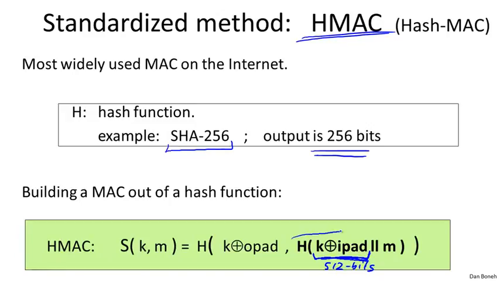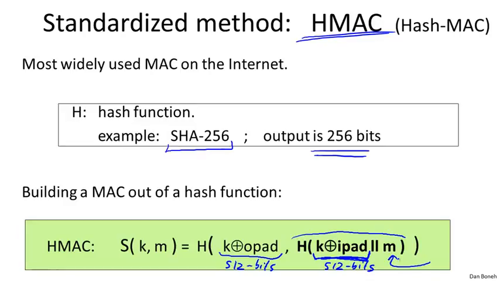Now this by itself, we just said, is completely insecure. However, what HMAC does in addition is take the output, which is 256 bits, and prepend to that the key again, XORed with what's called the outer pad, the OPad. This also becomes 512 bits, one block, and then it hashes the combination of these two to finally obtain the resulting tag on the message m.